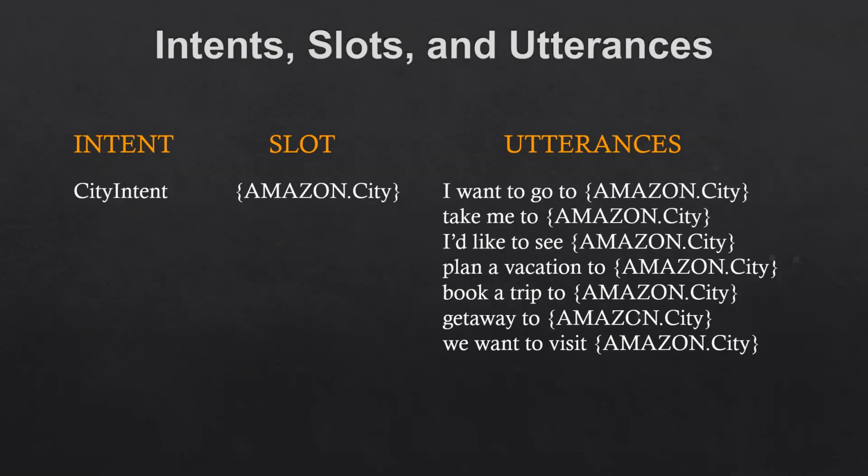And so now whether the user says, I want to go to Los Angeles or New York or Machu Picchu or any place, then Amazon.city will act as the variable, and you can access what city the user said later in your code.